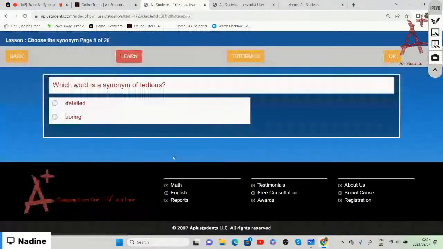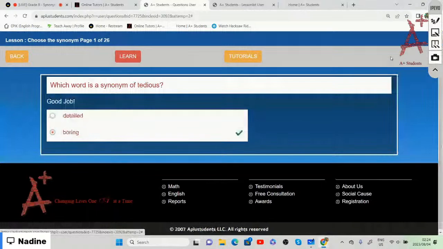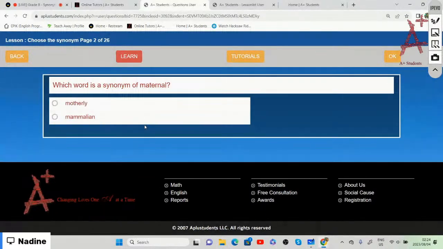It says tedious. We need to find the synonym of tedious. So tedious is detailed or tedious is boring. All right, so another word for tedious is boring.